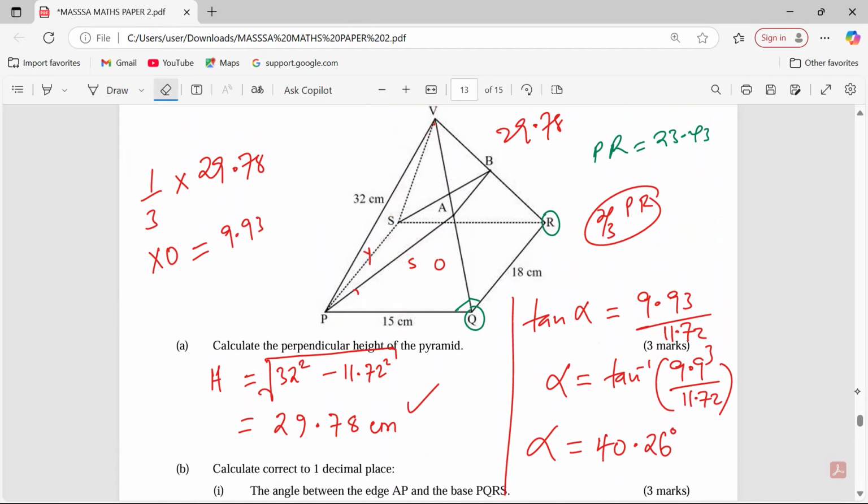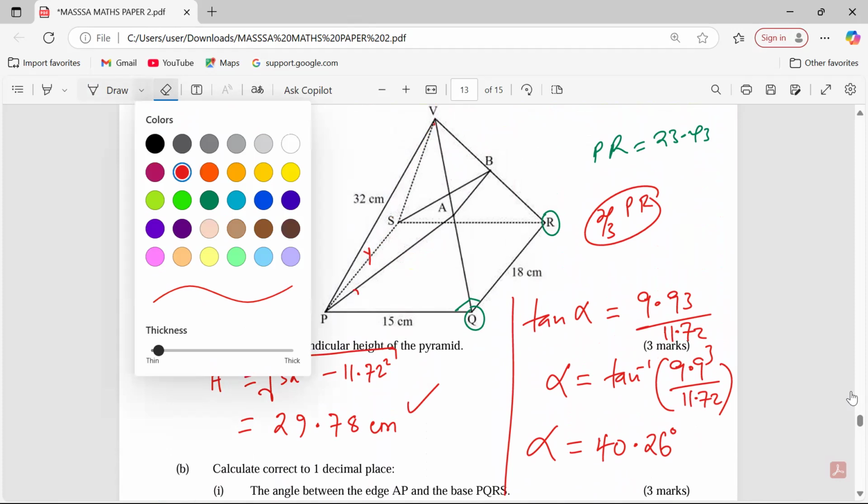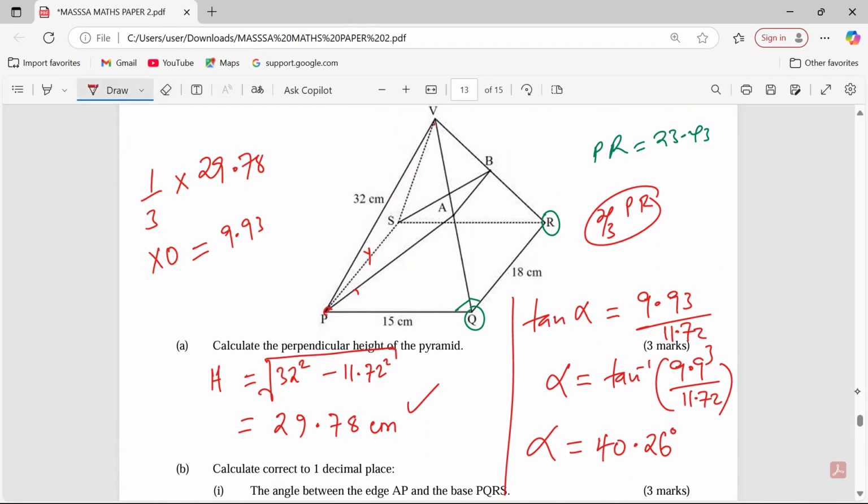PABS and the base. Again, we shall choose to use a third of the whole height.